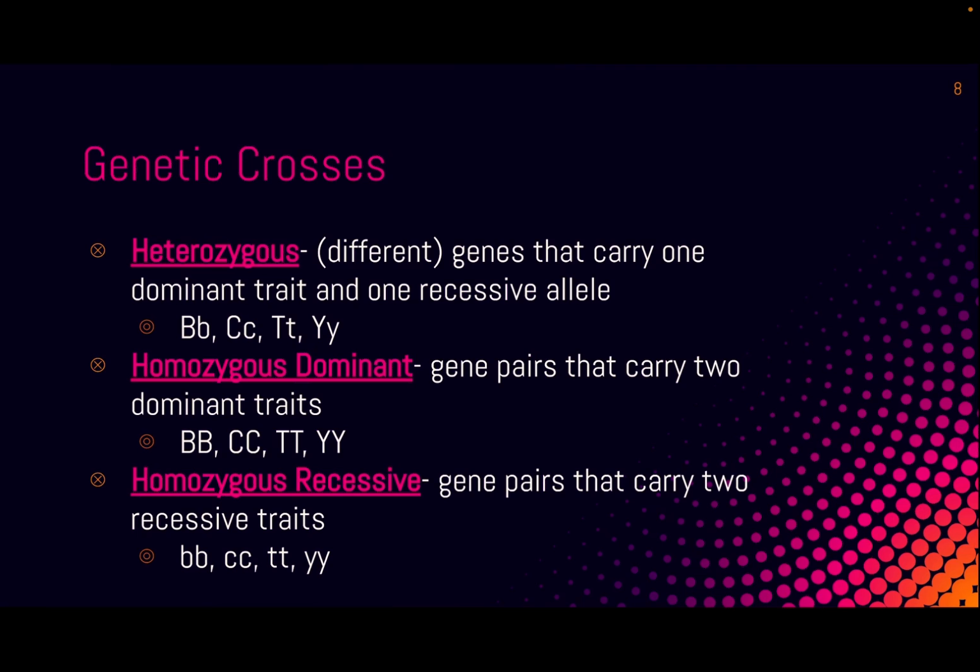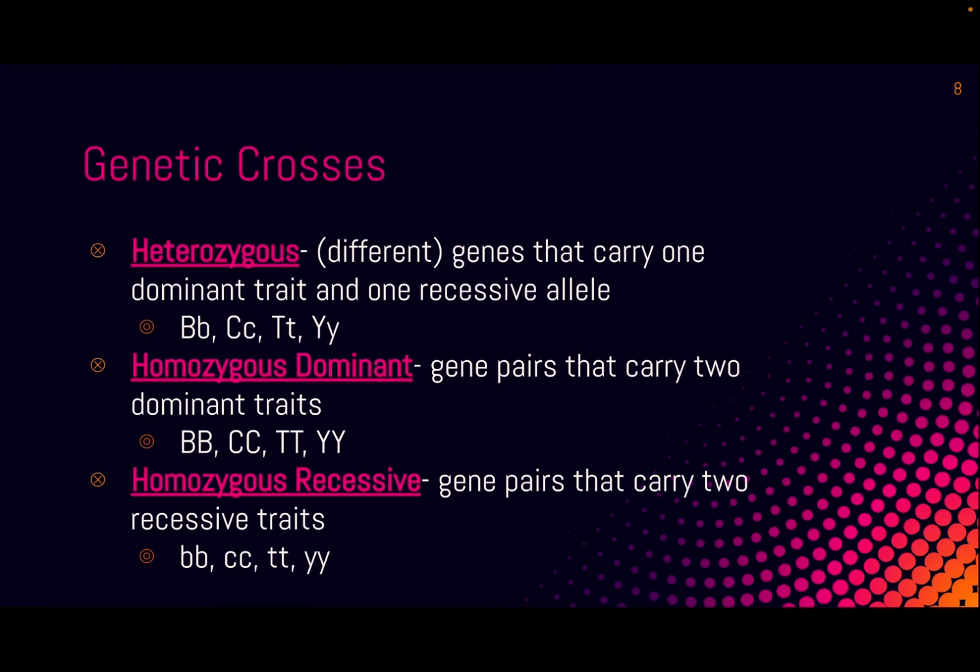You also have something called homozygous dominant. These are gene pairs that carry two dominant traits. So big B, big B, big C, big C, big T, big T, big Y, big Y. So homozygous dominant is two of the dominant traits.